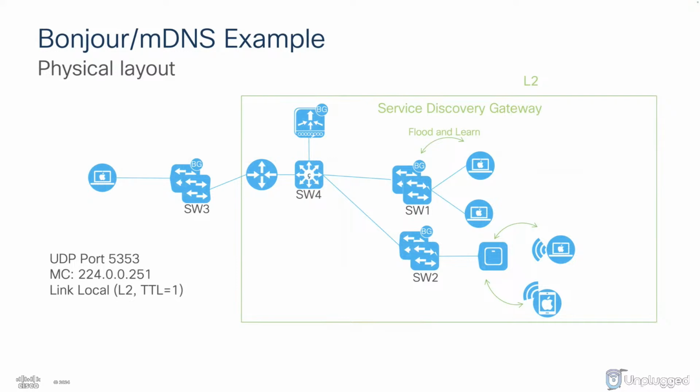Link local by definition means the time to live is 1. All right. So let's say I didn't want to use any sort of mDNS gateway. I just want to let my mDNS messages propagate natively. How would that work? It wouldn't, right? Why is that? Because I can't route something with a time to live of 1. So all the PIM in the world doesn't fix mDNS.